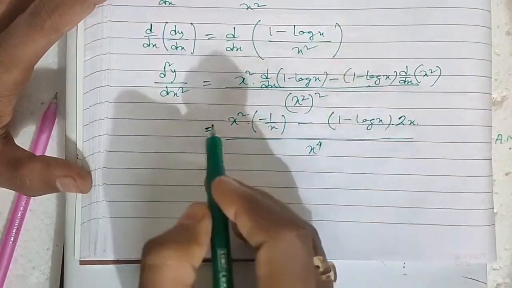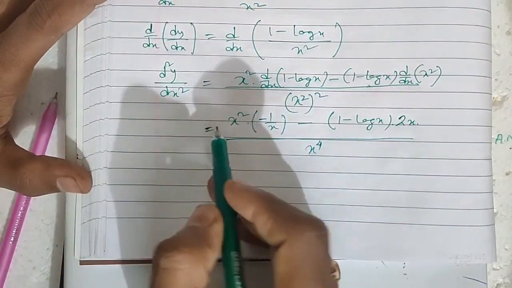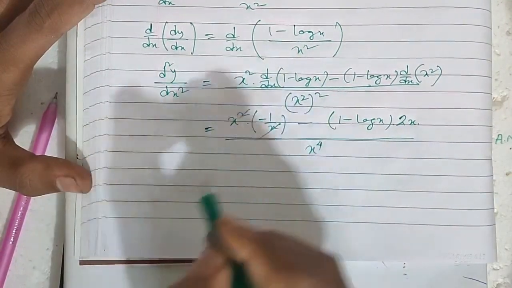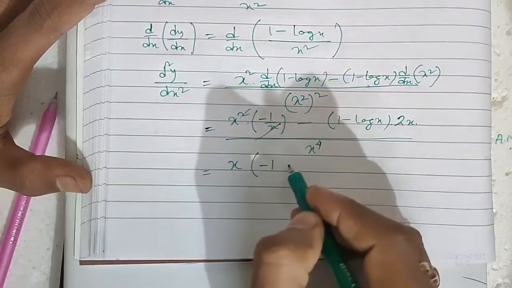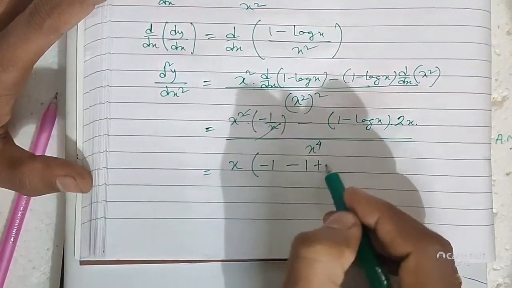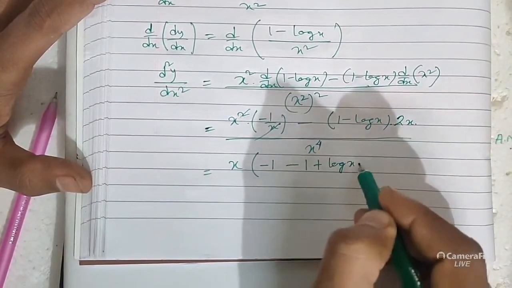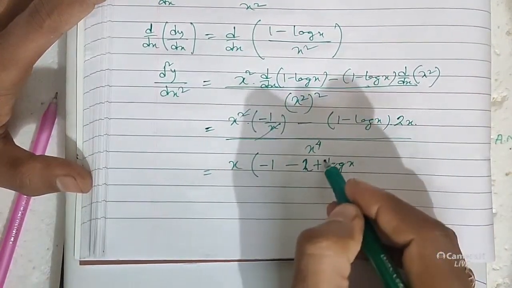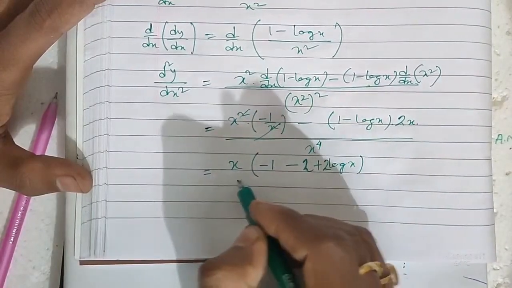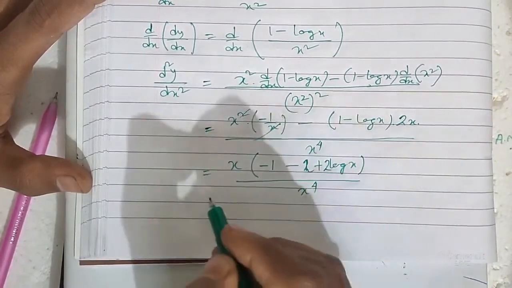Now check from this and this, we can take x common because here 1 x will cancel. So if we take x common, here minus 1 left, and here minus 1 plus log x, minus 2 will be multiplied, so minus 2 plus 2 log x whole divided by x to the power 4.